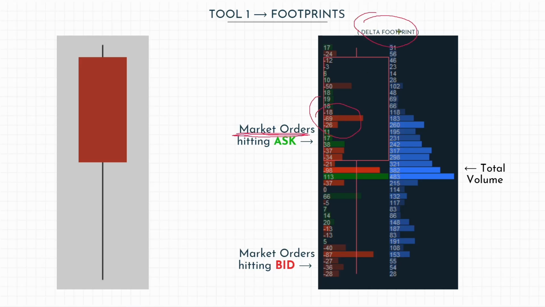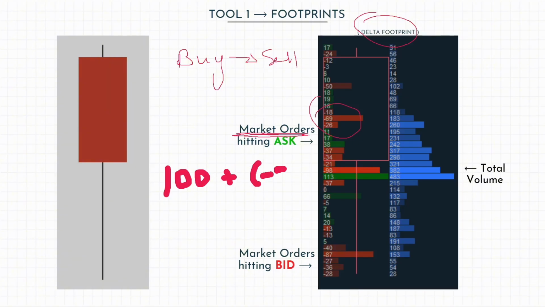This is a delta footprint specifically. Delta is the difference between buy and sell. So let's say there's 100 buyers and 50 sellers. 100 minus 50, right, equals a delta of 50.